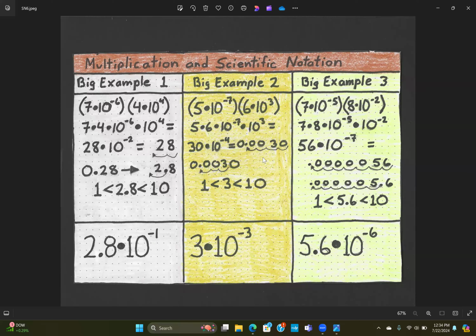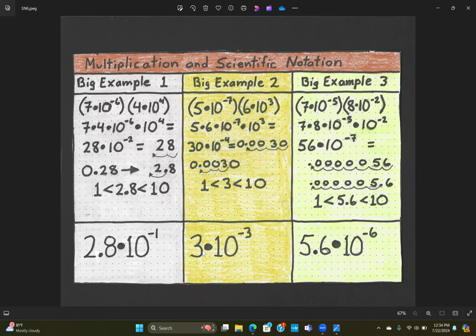However, we have to make sure this number right here is a number that is between 1 and 10, because I have to do that as far as scientific notation is concerned. And so we're going to go right back to this decimal, and we're going to move it right back to that safe place right here to a 3.0. And guess what? 3.0, or just 3, is between 1 and 10. It's greater than 1, but less than 10.